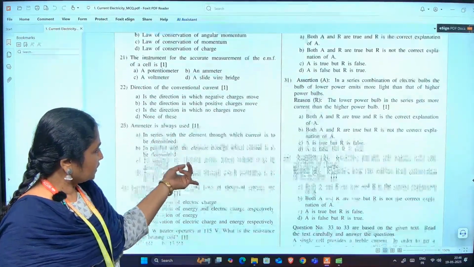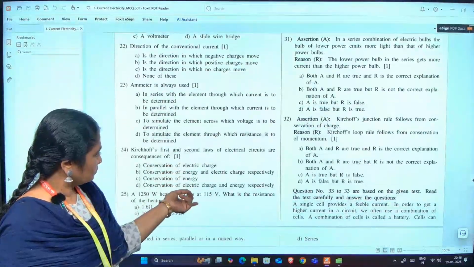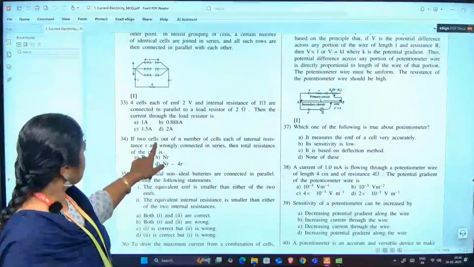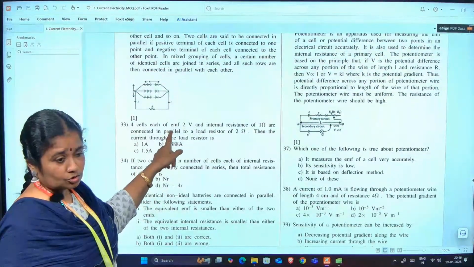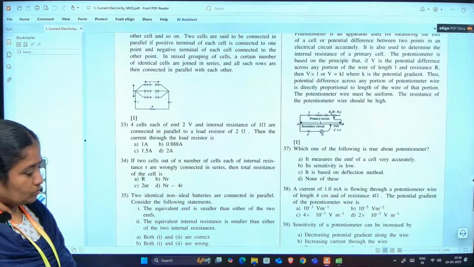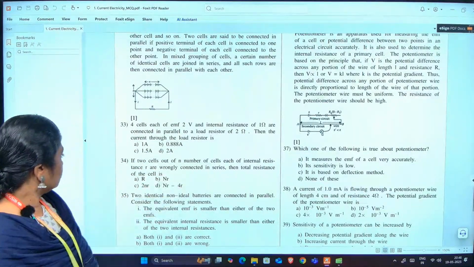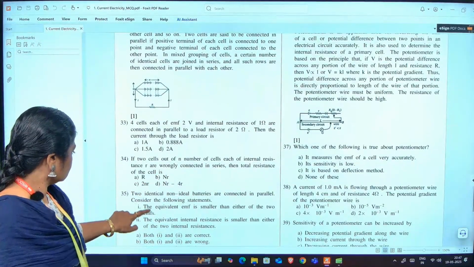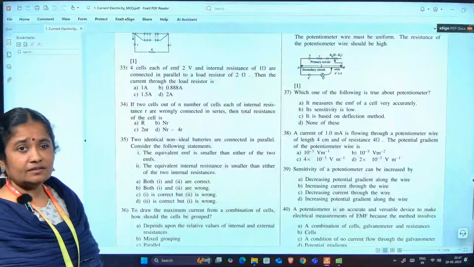Then Kirchhoff's junction rule. And finally this one. I told you to put series. There was a spelling mistake. It's not parallel, it is series, and they have used the formula. If two cells out of n number of cells, each of resistance is given n into R, then equivalent resistance.